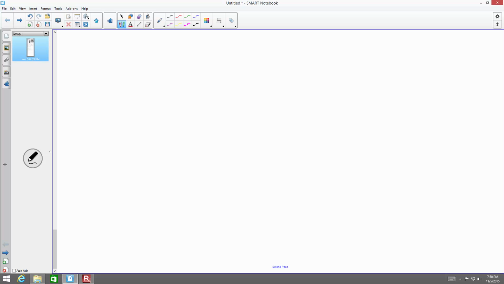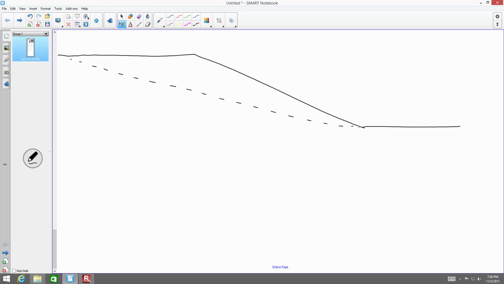Slope stability. So we got a little slope here to work with. It was the same diagram, if you will. That's why H was the same, gamma was the same, all that kind of good stuff. So we've got this. Let's see. I maybe need to add on here a little bit. That's a straight line.